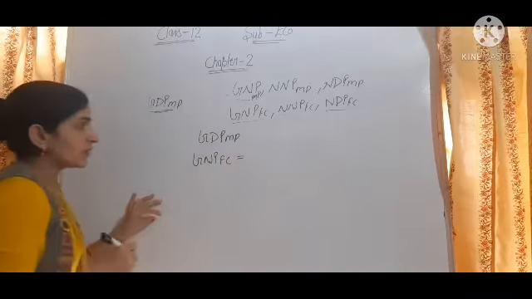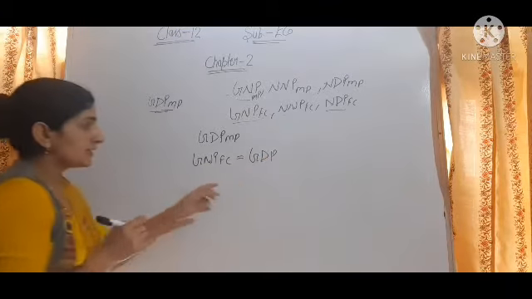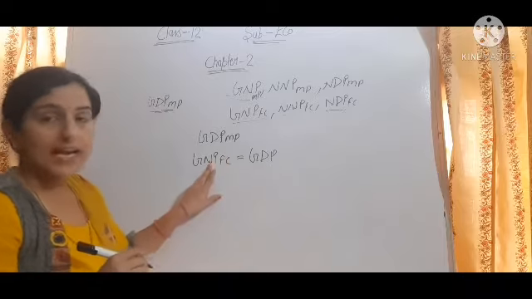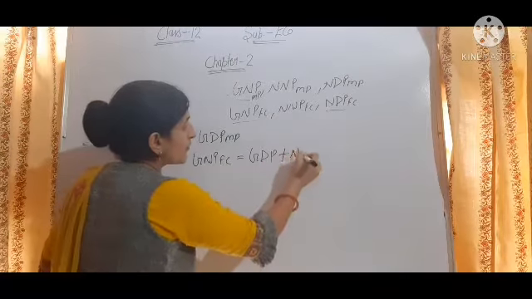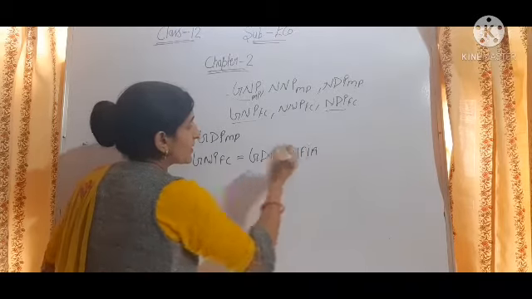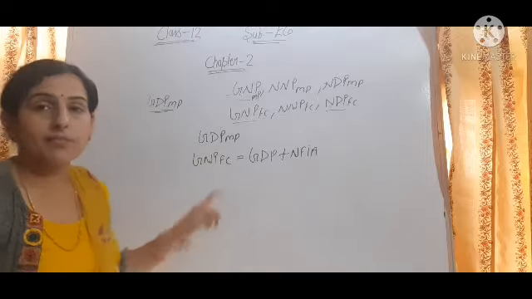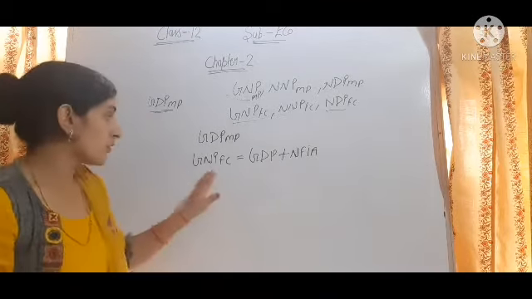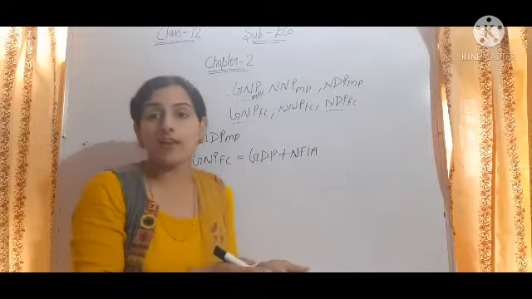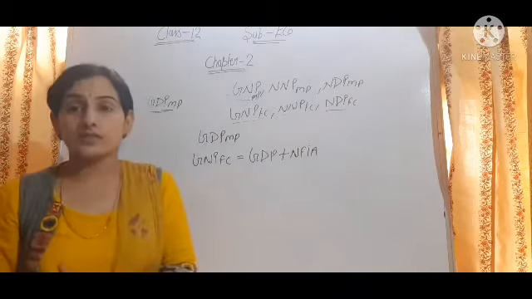Firstly, we know that we have to make this D into N, so we will add up net factor income from abroad. Now what is the difference? This is at market price and we are asking about at factor cost. Factor cost means factor payment to the factors of production, and market price means market value of goods and services.